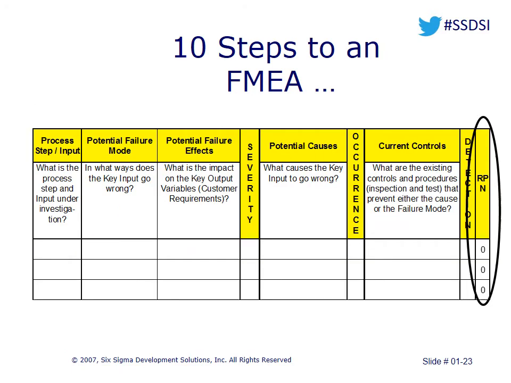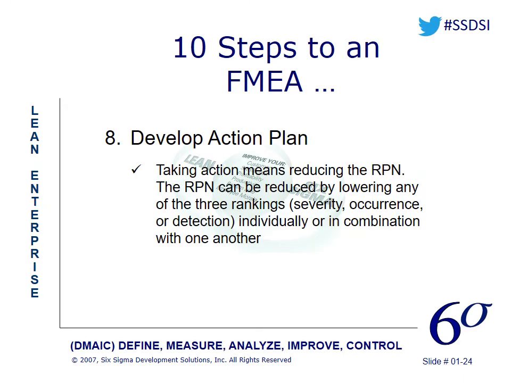Now we can move into, let me back up. The RPN is actually going to populate in this column. So once we move into the improve phase, now we can start to understand, okay, what do we need to improve?